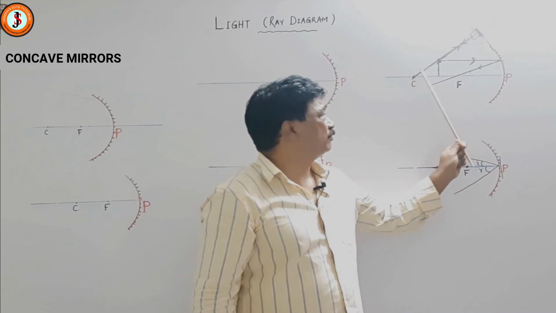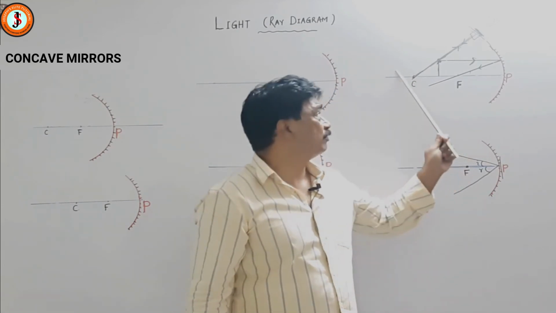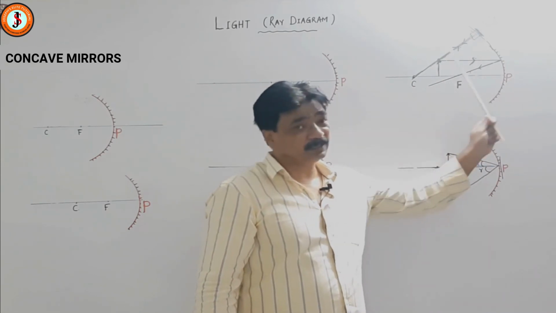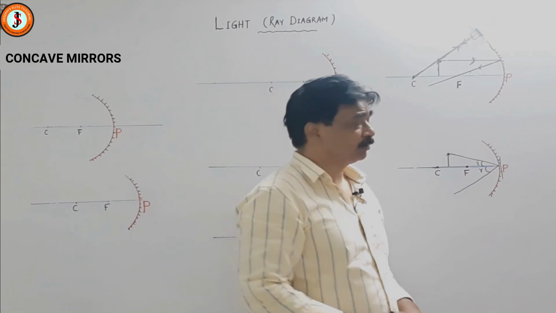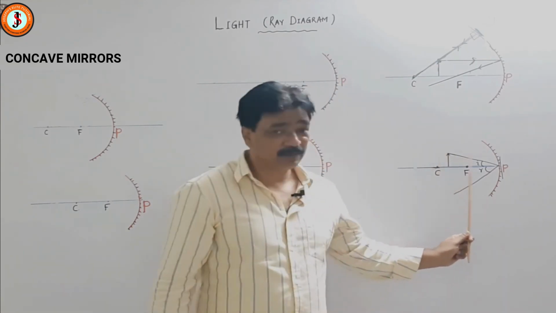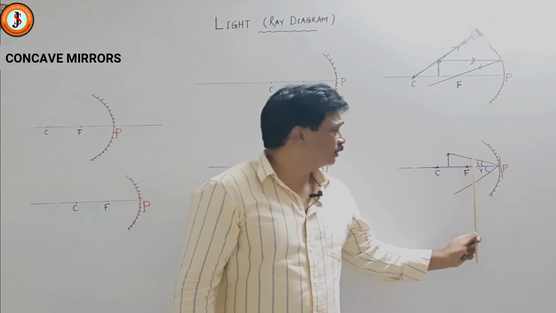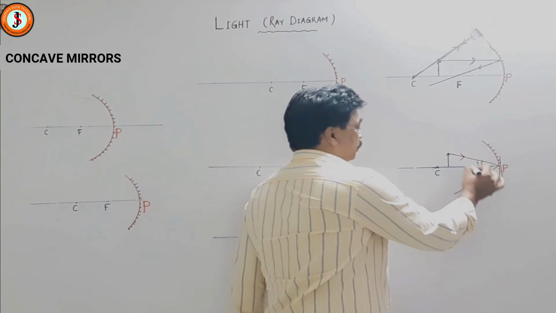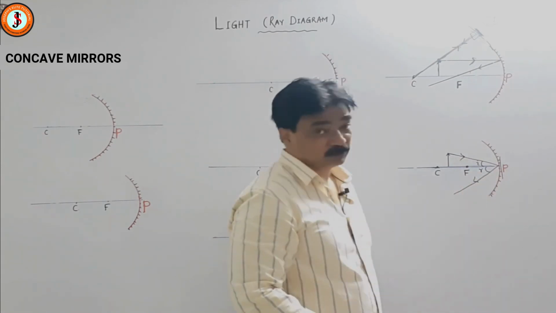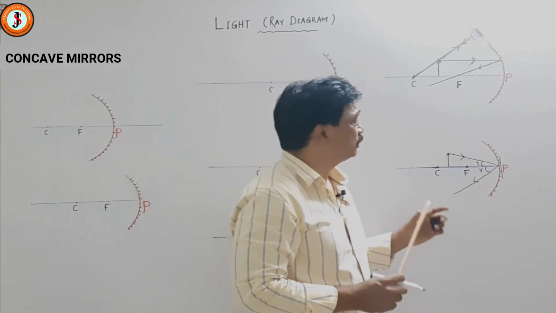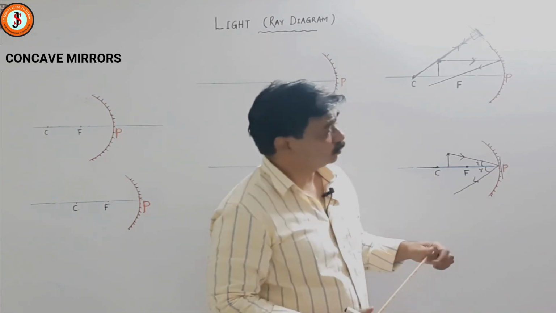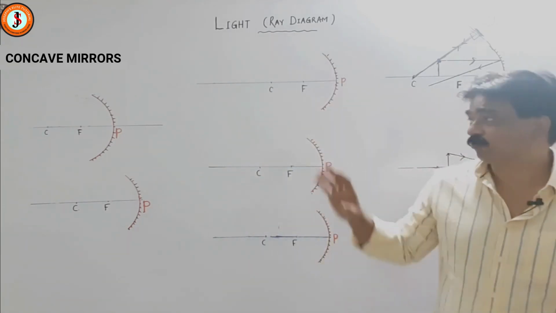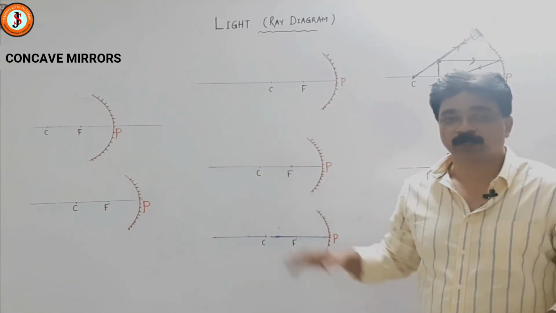If the center of curvature falls in the line of the incident ray, the point of observation and the mirror, if all 3 are in a straight line, then it will retrace its path. Very good, Akansha. And then secondly, if a ray is incident from the object to the pole and then reflects, it will follow the law of reflection. We will keep these points in mind for the study of formation of images and the nature of images.